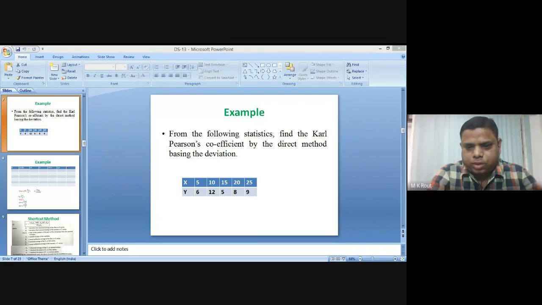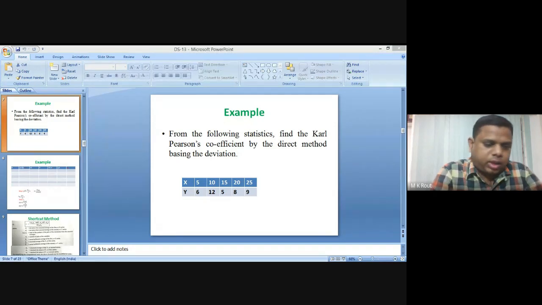Okay, you can drop your answer in the chat box. Rudra Das, what is the value of y bar? Sambit, your answer is correct. Yes, x bar equals 15 and y bar equals 8. Okay, Rajamali, it's 8 for y bar. Rasmika, your answer is correct.